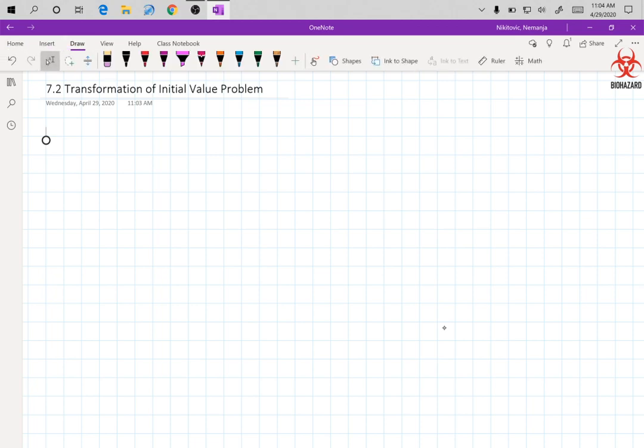I hope you already learned last time's lecture, Monday's lecture, because today we're going to use tables to do these transformations.